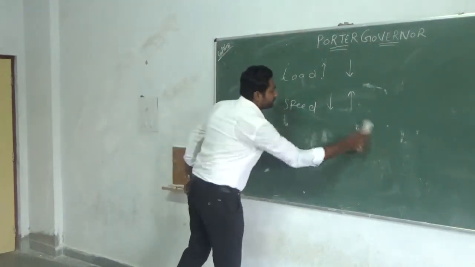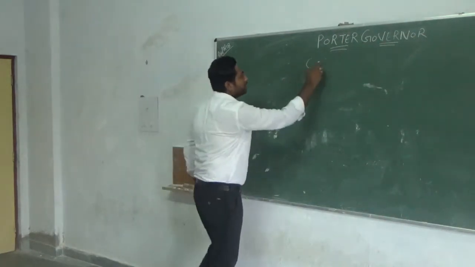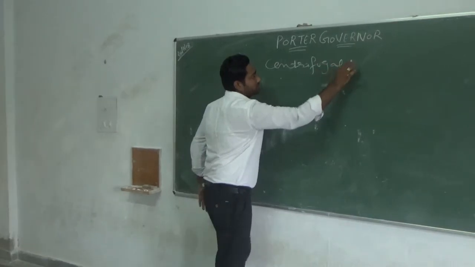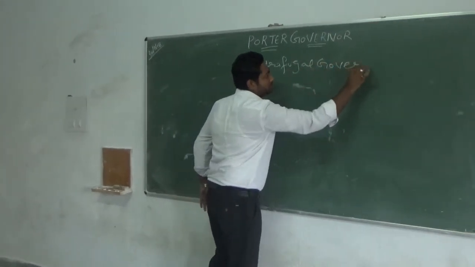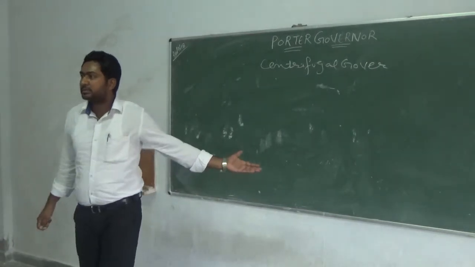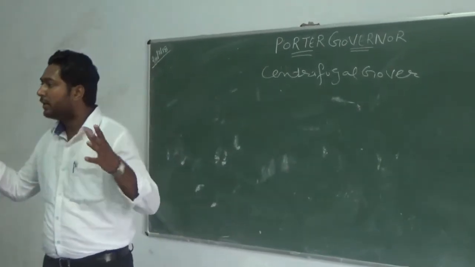First governor, centrifugal. How does it work? By balancing of centrifugal force on fly balls.